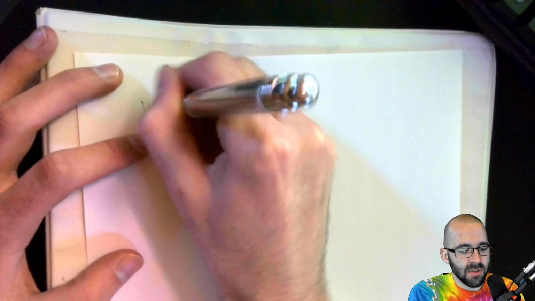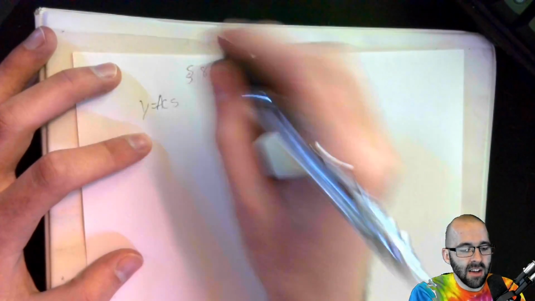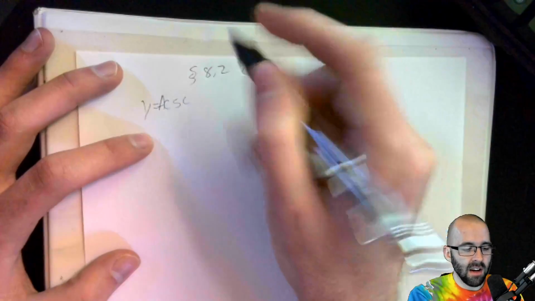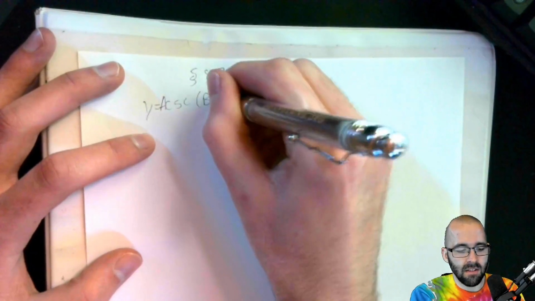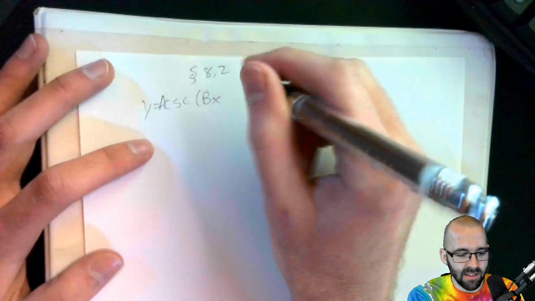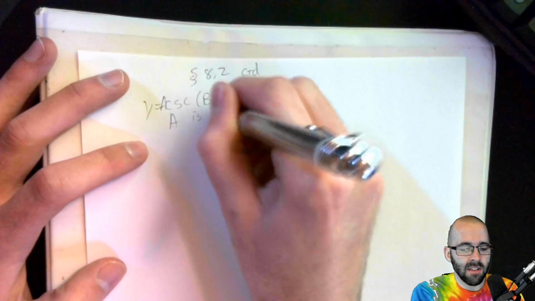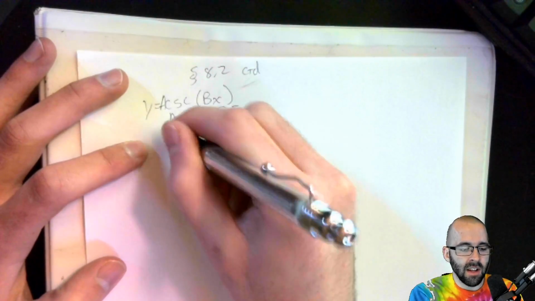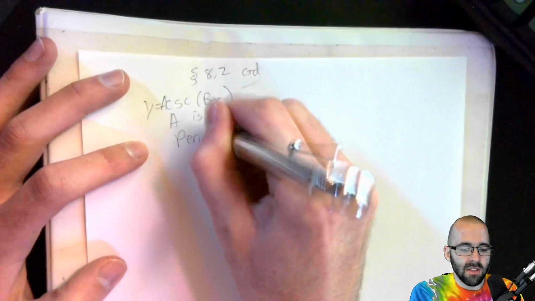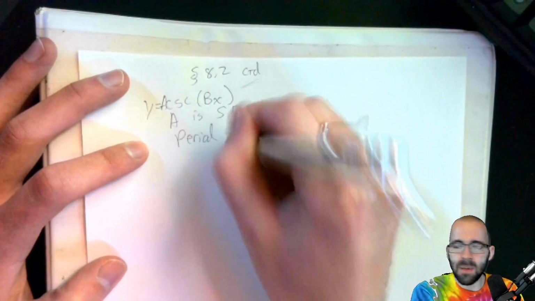For y equals a cosecant of bx, and we could do plus c, it doesn't really matter. A is the stretching factor, right? And the period is going to be 2 pi divided by b.